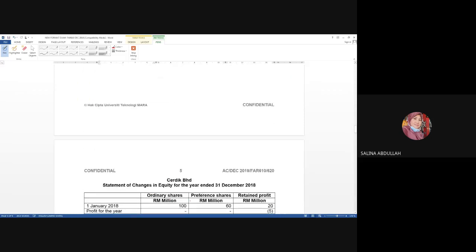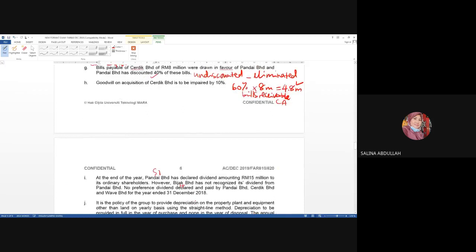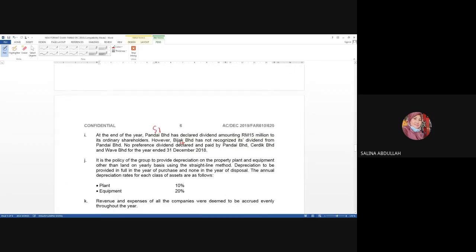Remember, first you must find it from the statement of changes in equity. Then after that, based on additional information, S1 actually declared a final dividend which does not appear in the financial statements prepared in the question. However, you have to take this adjustment into account. Since S1 declared dividend of 15 million, remember the holding portion is 80%.